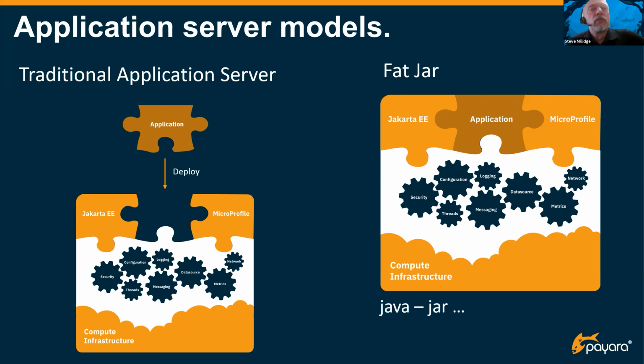The difference tends to be that within a fat jar model, in some runtimes, it's possible to pick and choose the components and self-assemble your runtime. Whereas typically in a Java EE, Jakarta EE model with Payara, your runtime will be versioned and be a specific version of Payara.